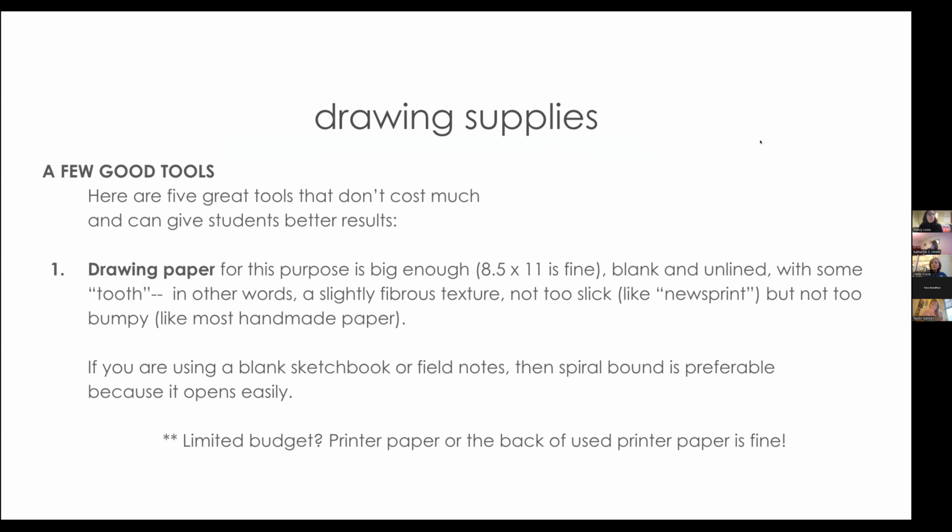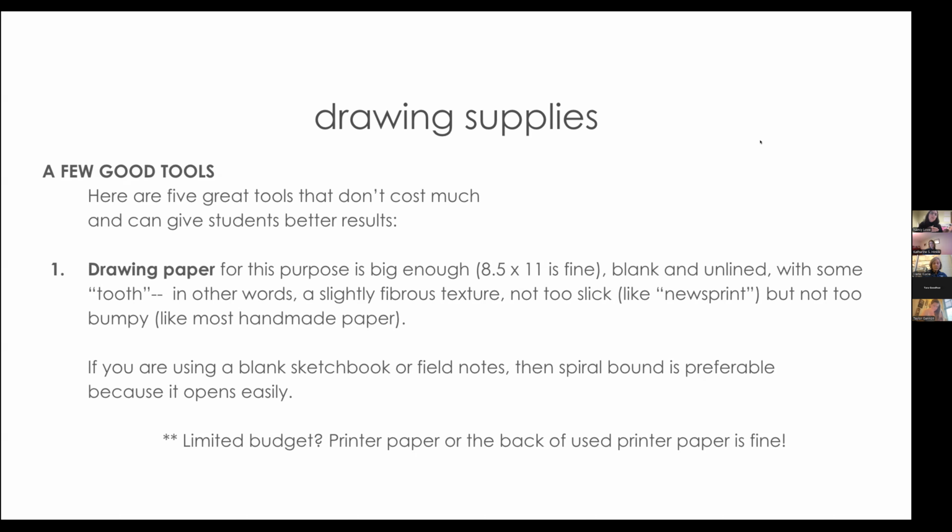So drawing paper really doesn't matter. I would just say that copier paper is absolutely fine. Any kind of scrap paper or back of the envelope paper is fine. You want to make sure you're not using something super bumpy like handmade paper, because it's harder to get details.